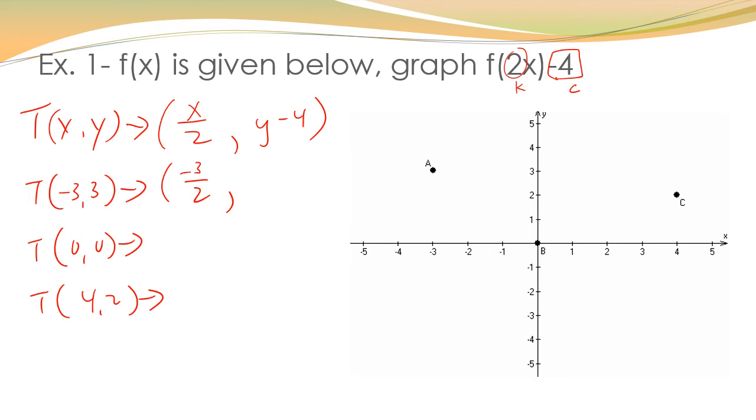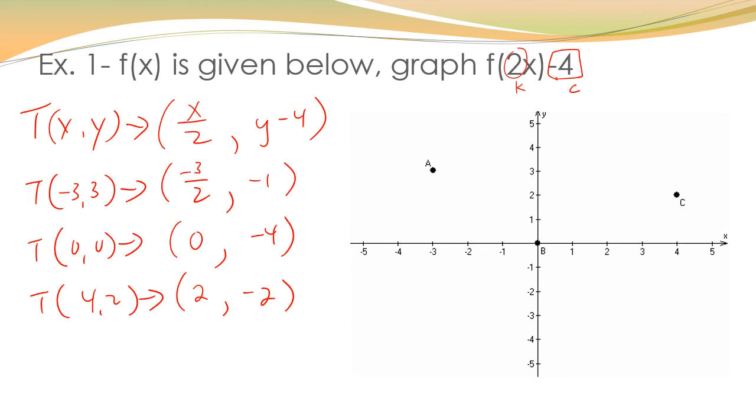However, if it's a nice decimal, which in this case it is, negative 1.5, I'll let it slide. 3 minus 4, negative 1. 0 over 2 is 0. 0 minus 4, negative 4. 4 over 2, 2. And then 2 minus 4, negative 2.